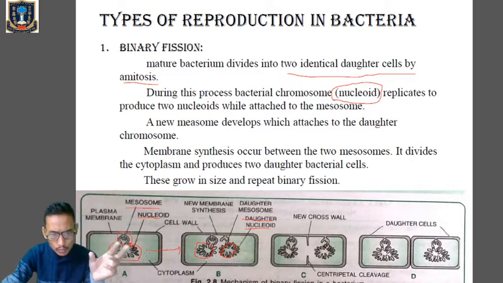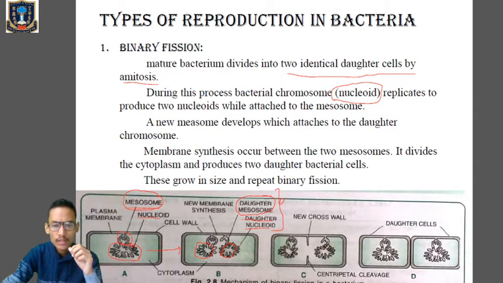Clear? So whenever the parental nucleoid divides to produce the daughter nucleoid, similarly, the mesosome will also divide to produce the daughter mesosome. Over here you can see the formation of daughter mesosome and the daughter nucleoid. So the nucleoids are still attached to the mesosome. Clear?